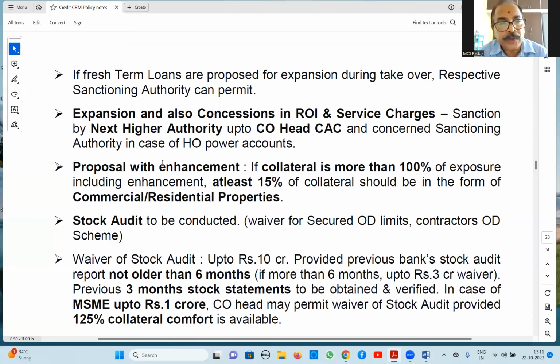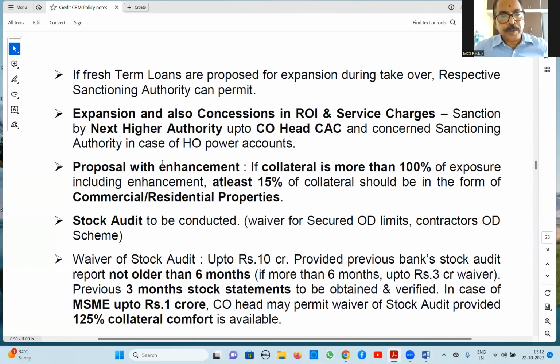So in collateral security, minimum 15% should be commercial or residential properties. Earlier it was told that commercial residential properties plus approved securities should be minimum 50%. Here exclusively commercial and residential properties 15%. Including approved securities, minimum 50%. That you have to keep in mind.